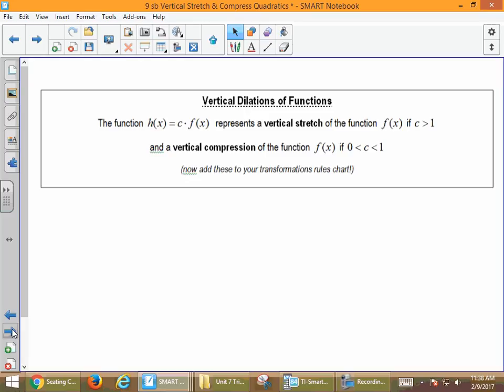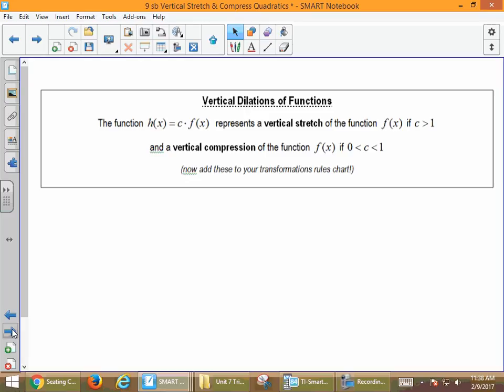If c is less than 1, it's a vertical compression. So if we have a fraction less than 1, like 1/3, 2/3, 1/4, 1/2, these are all less than 1 but greater than 0, then this is a vertical compression.